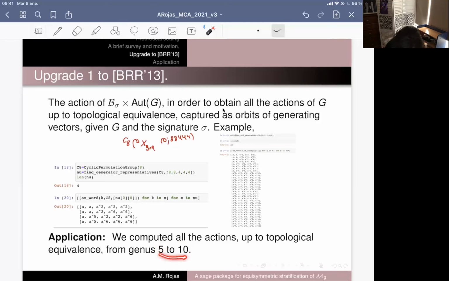And then we did from 5 to 10. And there are other, of course, classifications, but as far as we know, they are not concerned about the topological equivalence. They classified, for instance, Kuribayashi and Kimura, groups acting on some genera, but we were concerned about the different actions that each group may have.